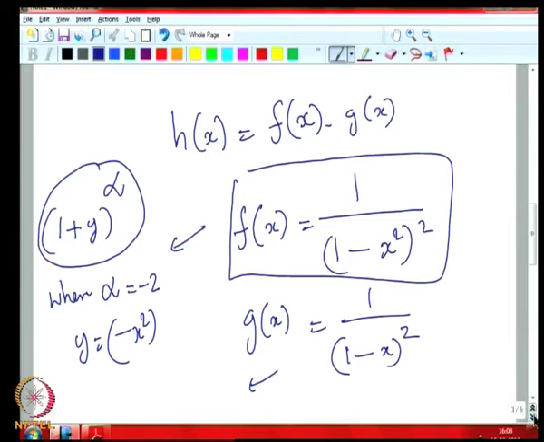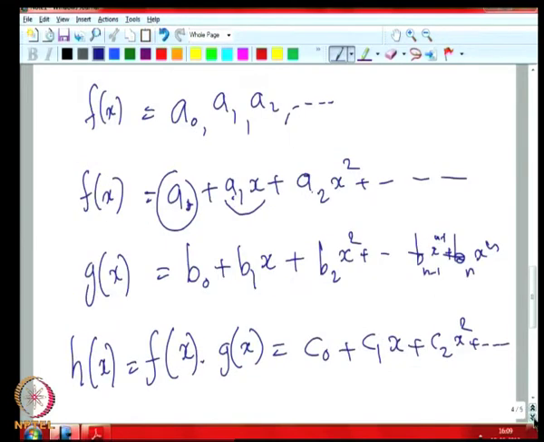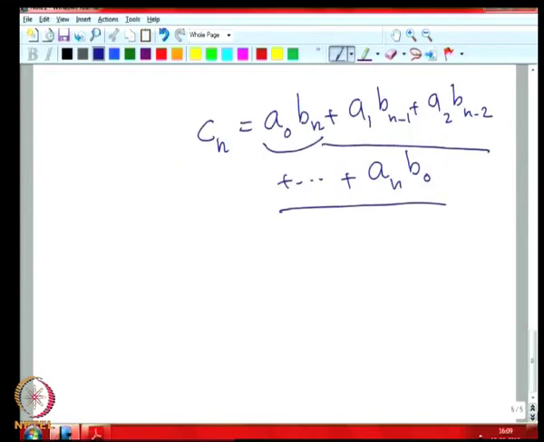I just wanted to introduce this concept of how to find the coefficient of h(x), where h(x) is equal to f(x) into g(x), where the sequence corresponding to f(x) is known to us, and the sequence corresponding to g(x) is also known to us. Then how can we find out the coefficient of x raised to n in the expansion of h(x)? That is what we discussed here.